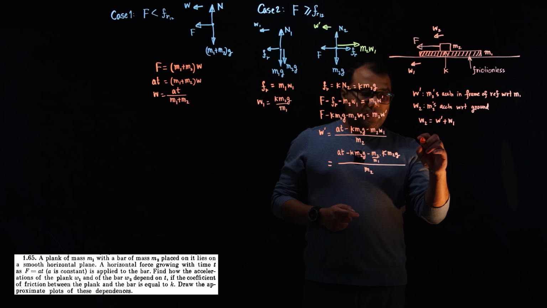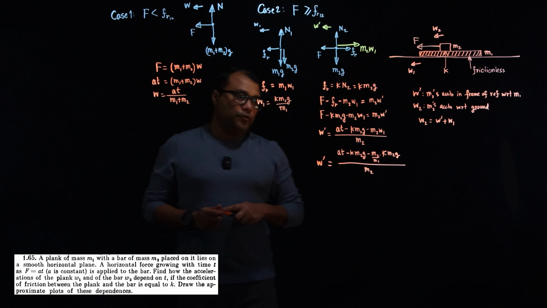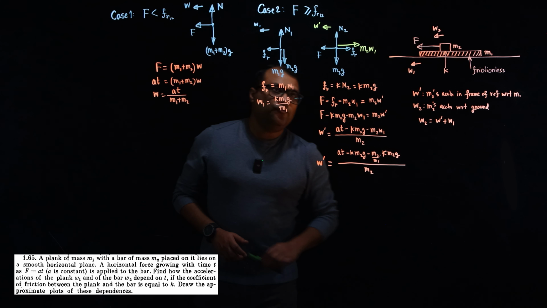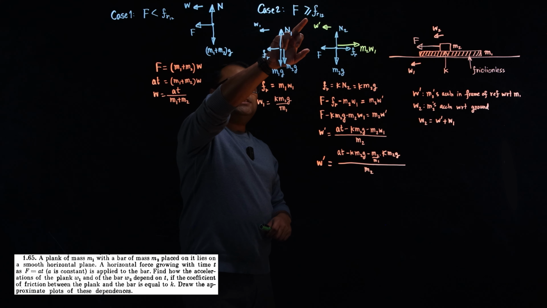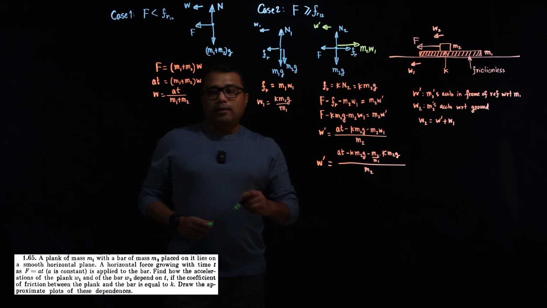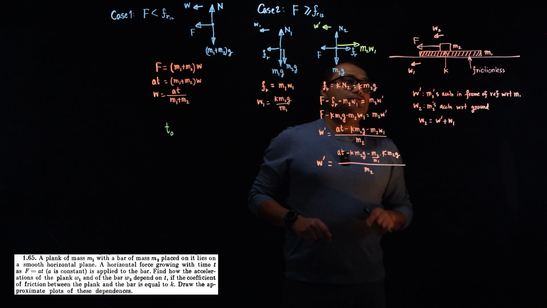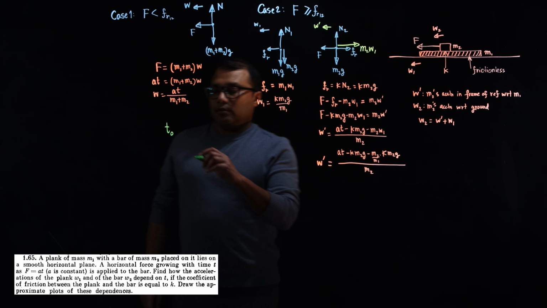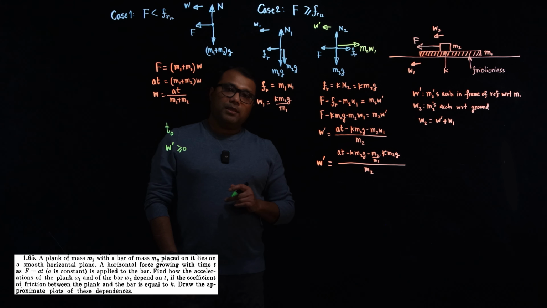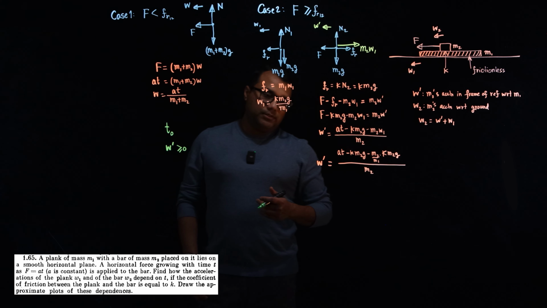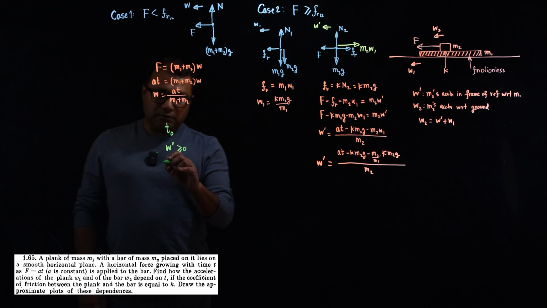Now before I calculate W2, I want to do one last thing, which is to find this boundary condition, when friction is just less than or equal to the force. At what time? Let that time be T0. When W dashed is equal to 0, or just greater than or equal to 0, that's my time T0, when that flip happens. So when will W dash be just greater than or equal to 0? When this numerator is just greater than or equal to 0.